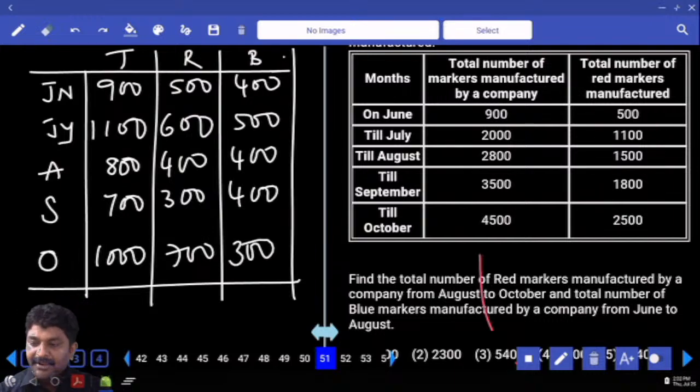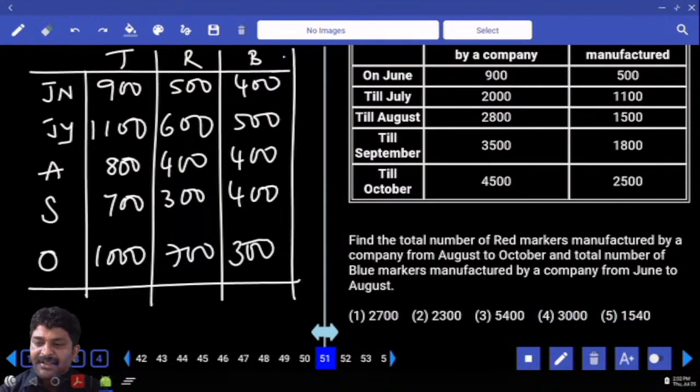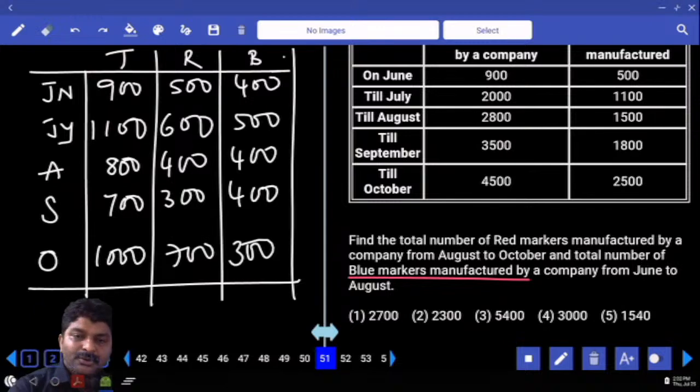Right. Find the total number of red markers manufactured by a company from August to October. Total number of blue markers manufactured by a company from June to August. June to August blue markers.